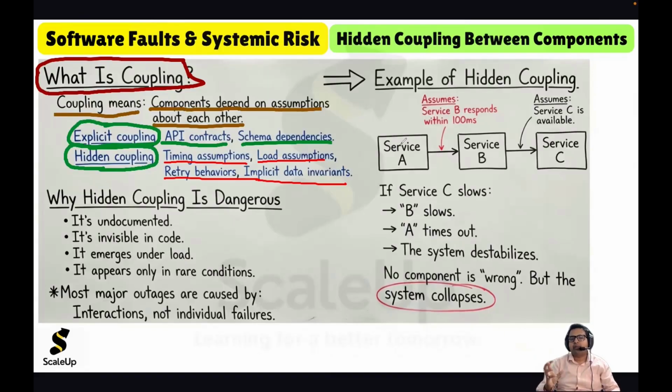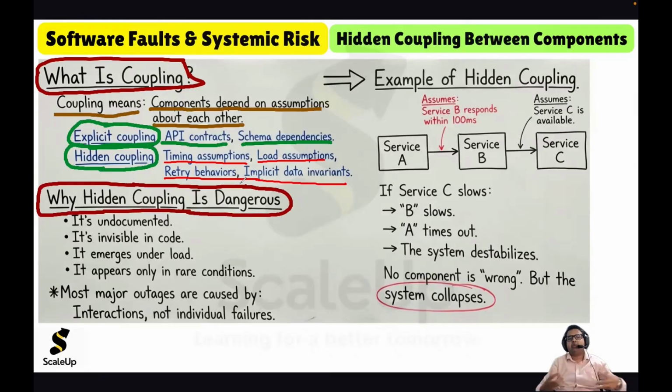Or for any schema dependency, we can make changes in the schema and work it out. So that is explicit coupling. But hidden coupling is invisible in the code, and hence it is very dangerous. Let us suppose you have written perfect code, coded all the components of the software system, and in the lab it is working perfectly fine.